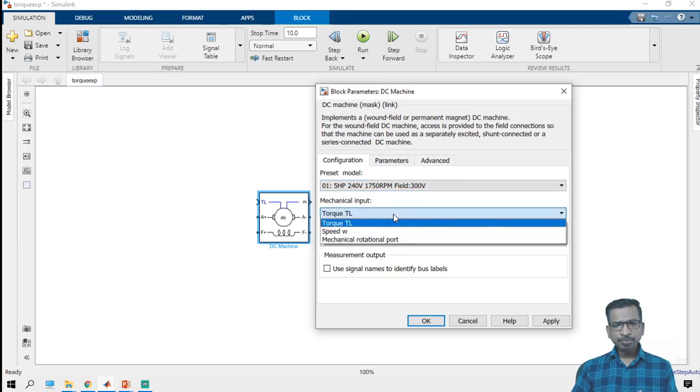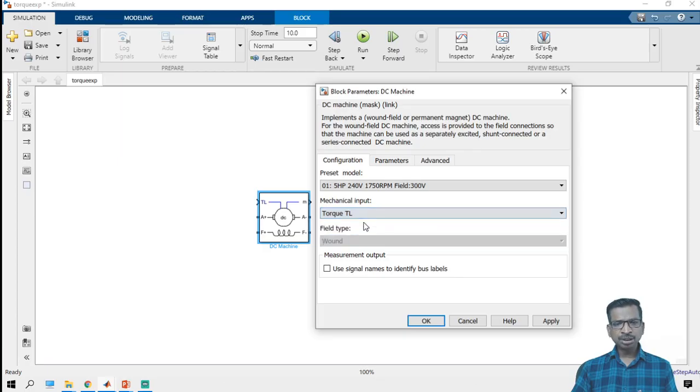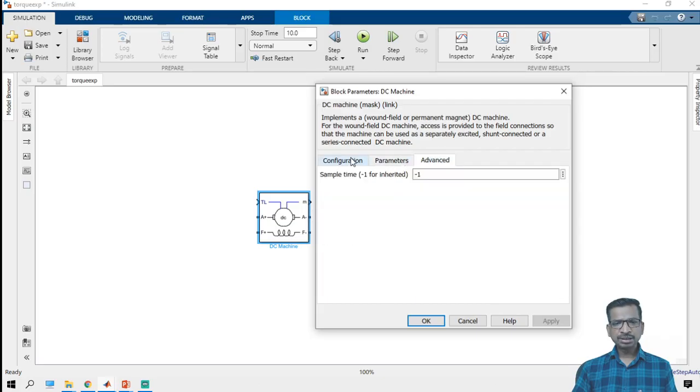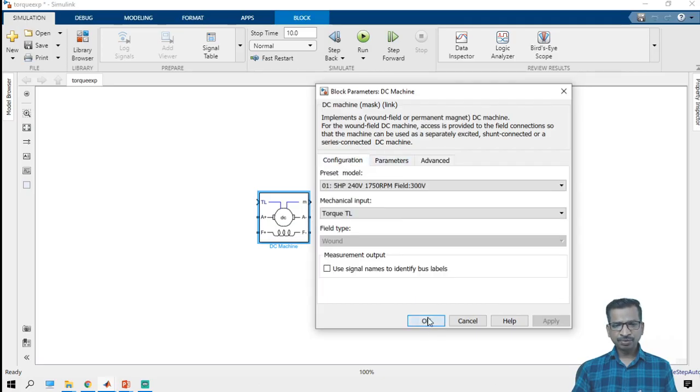And for the mechanical input, we are going to give the torque value, which means that we are loading the motor with the torque value. Other parameters, no need to change anything, so just keep the default values.